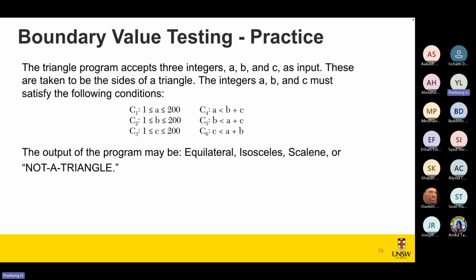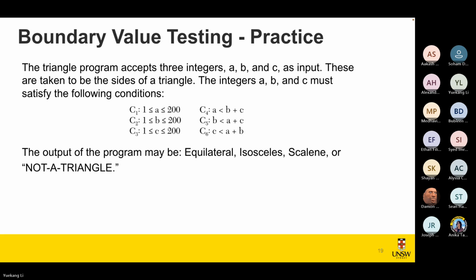And now let's try to do a practice for the boundary value testing techniques we just learned. So here, let's assume that we have a program. This program takes 3 numbers as input, and each of the numbers is going to be used as a side of a triangle.